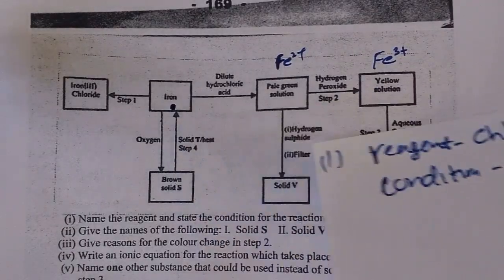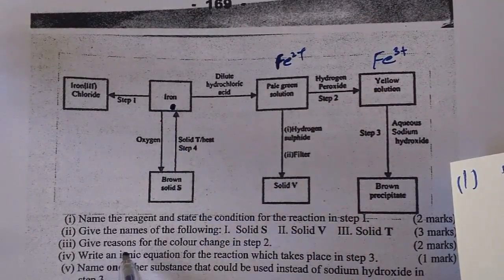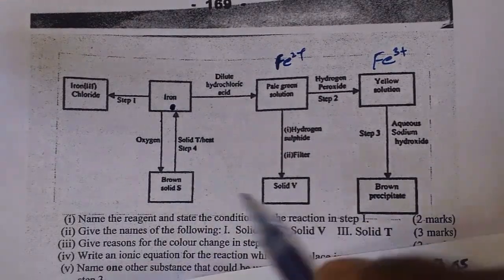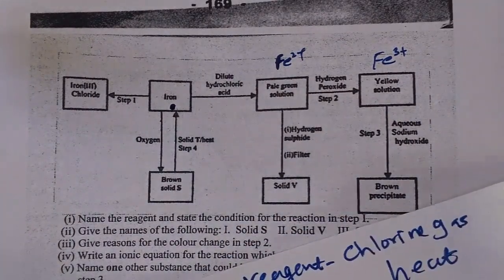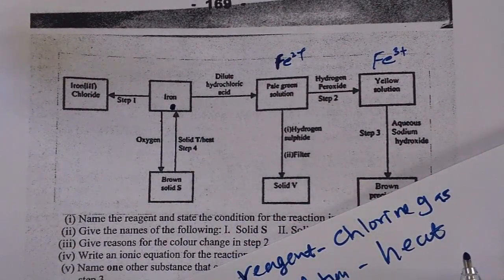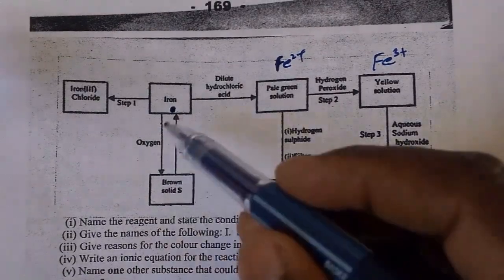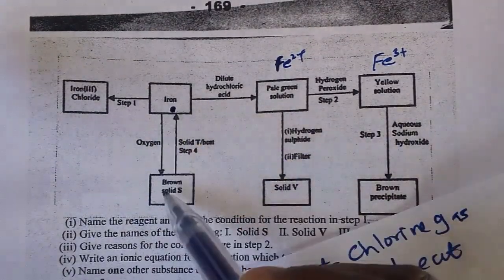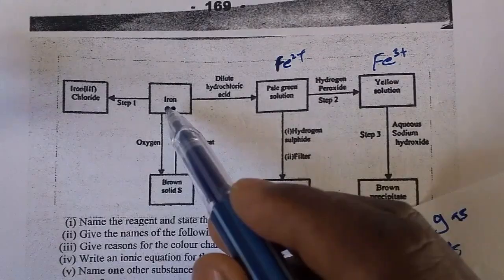Then Roman 2, give the names of the following: solid S, solid V, and solid T. I think we have gone through the diagram together, and we can now get solid S, solid T. Because I've told you iron plus oxygen forms solid S, that's oxidation.